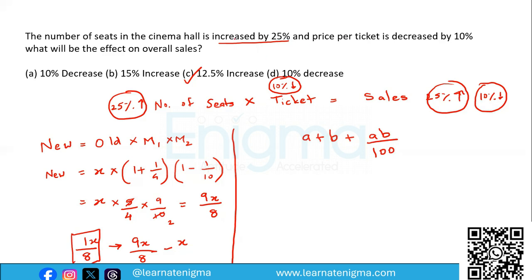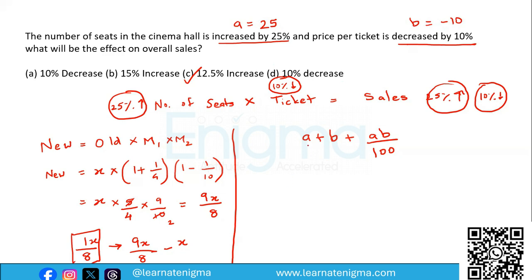Now, over here, 25% increase is there. So let's assume this as A. Because it is increase, we can assume this as 25. And because this is decrease, we can assume B as minus 10.